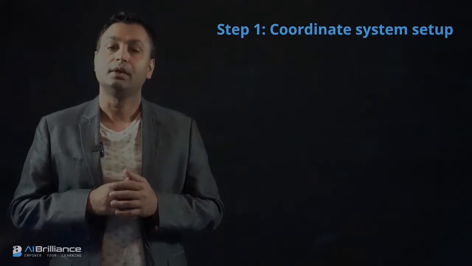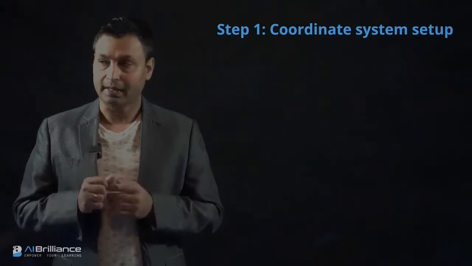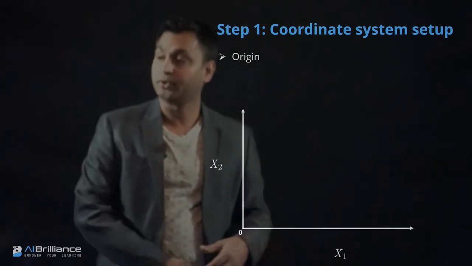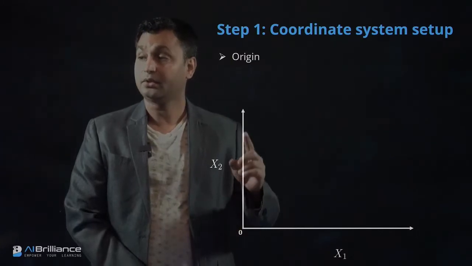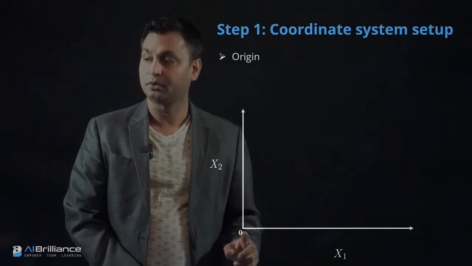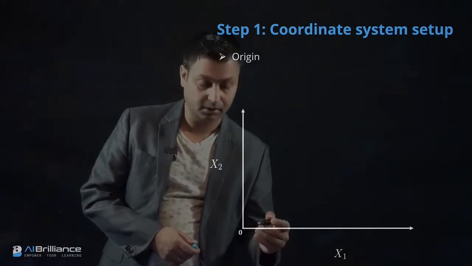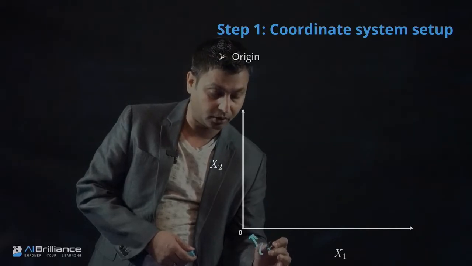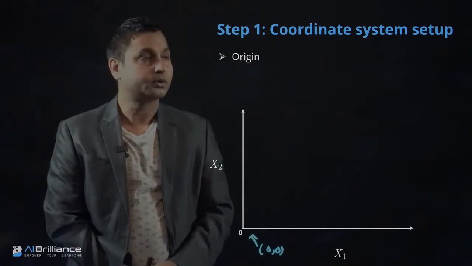Since this is a two variable problem, I will have an x1 axis and an x2 axis, and then we find the origin, which is O here. This origin location right here has a coordinate of 0, 0. That's the first step, the coordinate setup.